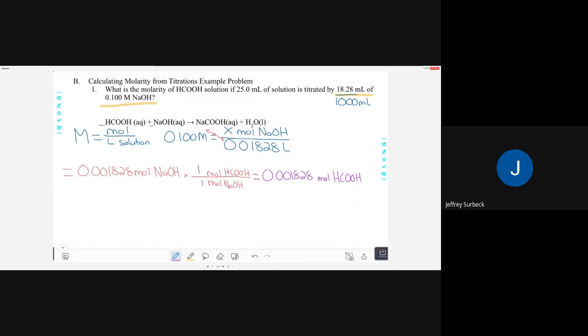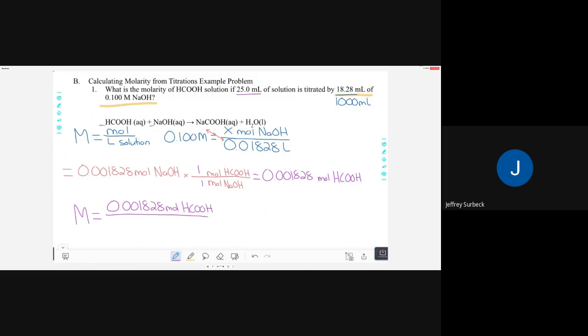Great. Now we can finally get to our problem, which is we want to know the molarity. So we want to know big M of acetic acid. On top, we already know moles, which is 0.001828 moles of HCOOH. We divide it by liters of this stuff, which is not 25, but what would we have to do?